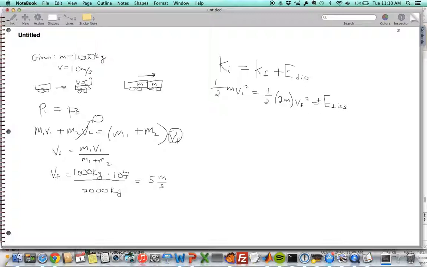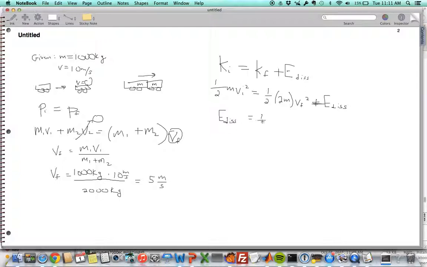So this is actually a plus here. So I'm solving for E dissipated.